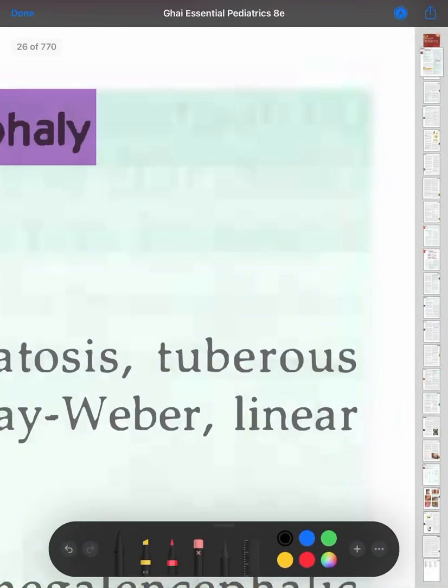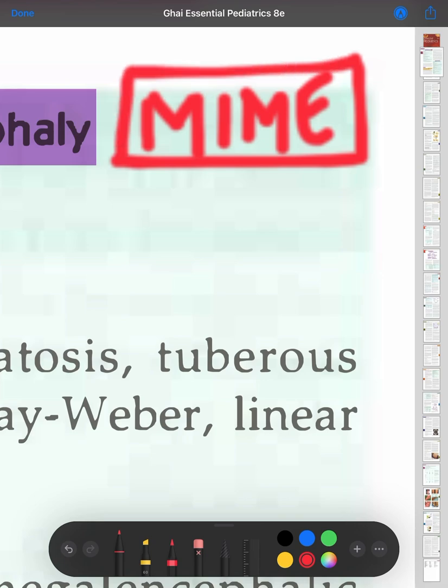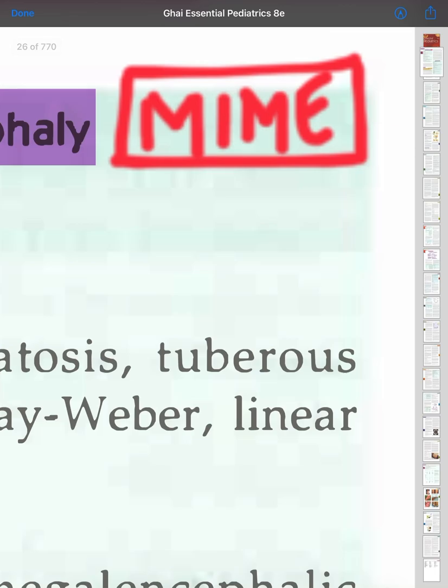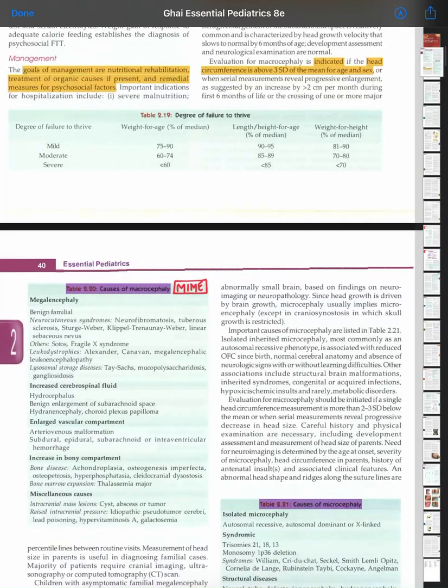Write down M I M E. M is for megalencephaly, I for increased cerebrospinal fluid, M for miscellaneous causes, E for enlarged vascular compartment, and increase in bony compartment.